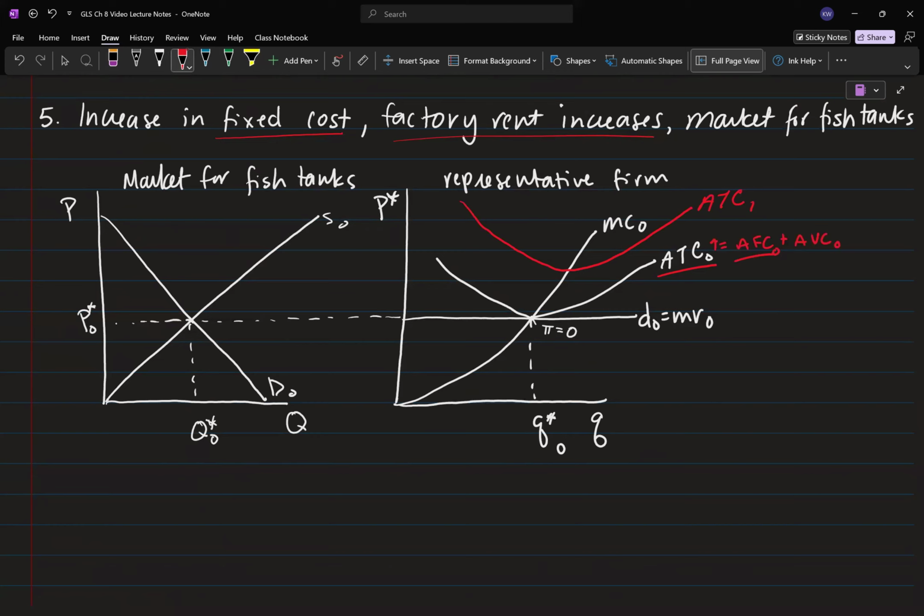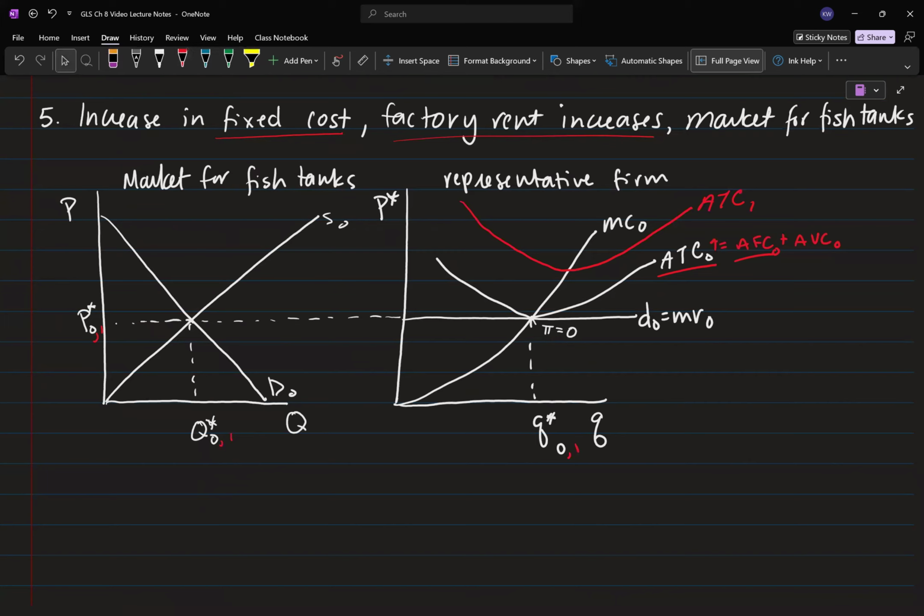The amount of output that the firms produce is going to stay the same because there's been no change in marginal cost or demand on their end. And similarly, the market price isn't going to change, and neither will their output, right? No firms have changed their amount produced, so we wouldn't expect any change in that value on the market, right? No change in output on the market, okay? So the last thing we need to identify is how that change in average total cost impacts the firm's profits, right?